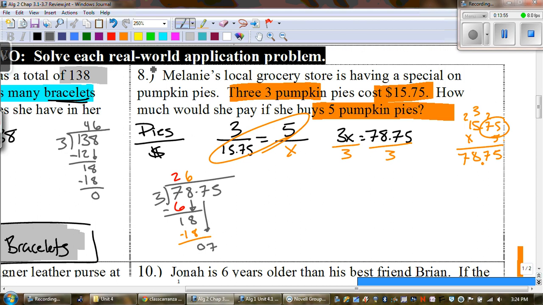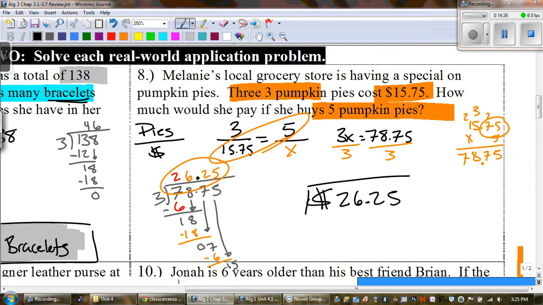Got to drop the 7. Bring the decimal point up. Once again, 3 goes into 6 2 times. And then we get 15. Sorry guys, I'm running out of room. Okay, 15. 3 goes into 15 5 times. And then we get our answer. The 5 pumpkin pies would cost $26.25.